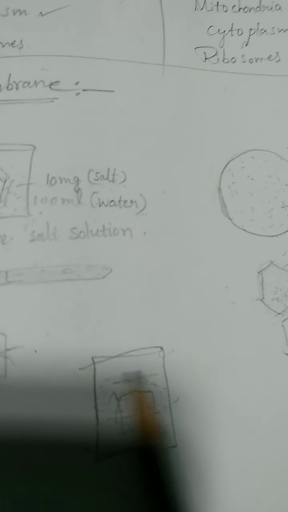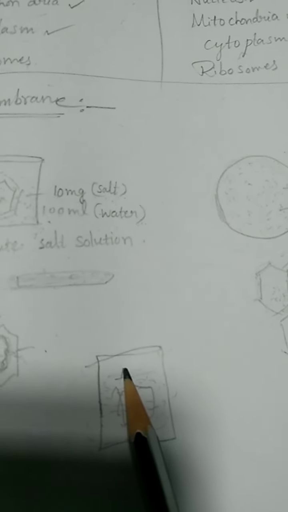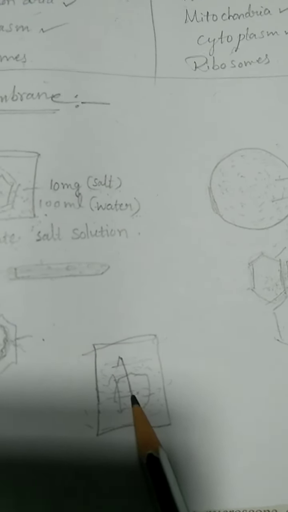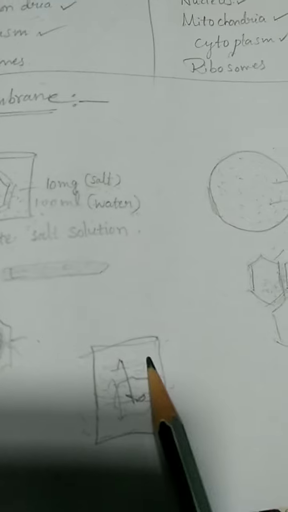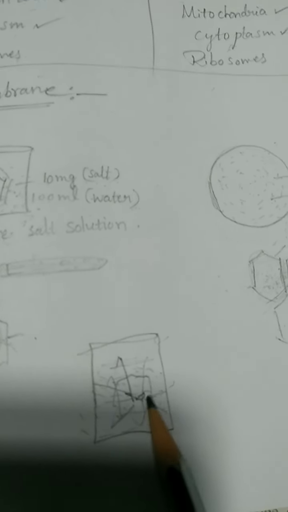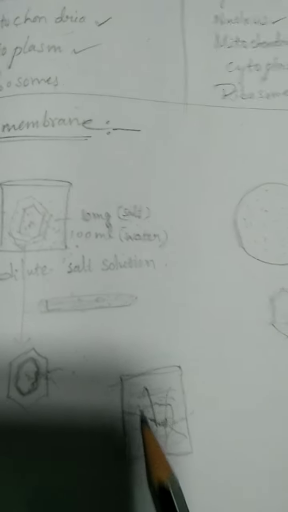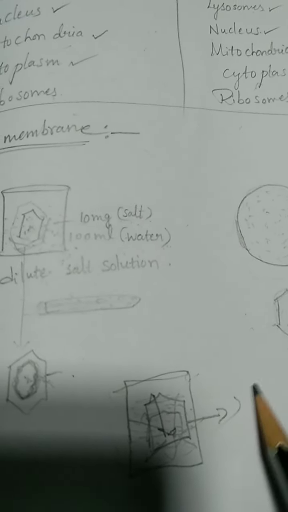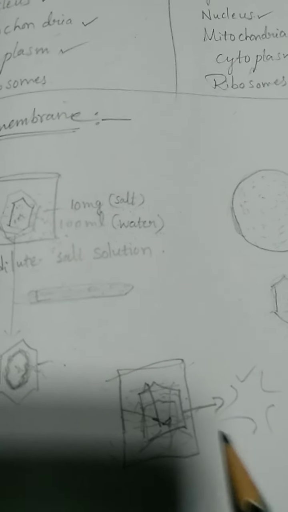In this beaker, based on the process of osmosis, the water will move from outside to inside of the cell. All the water molecules will enter the cell, so the cell becomes very large and then bursts. Is it right? The cell will burst, meaning it opens and collapses. So it sometimes leads to the death of the plant.